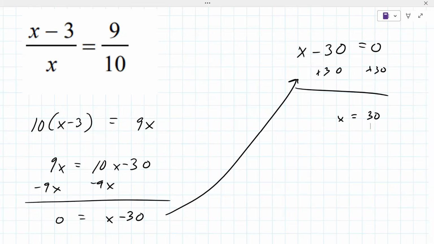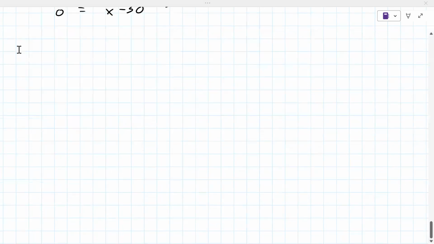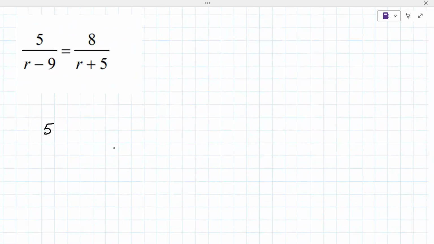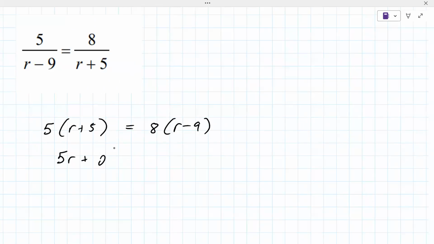All right. So let me set up one more here for you. So let's take a look here. All right, so we got 5 times parentheses r plus 5 equals 8 times parentheses r minus 9. 5r plus 25 equals 8r minus 72.